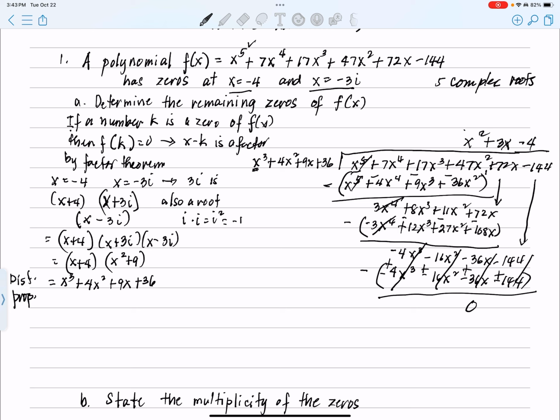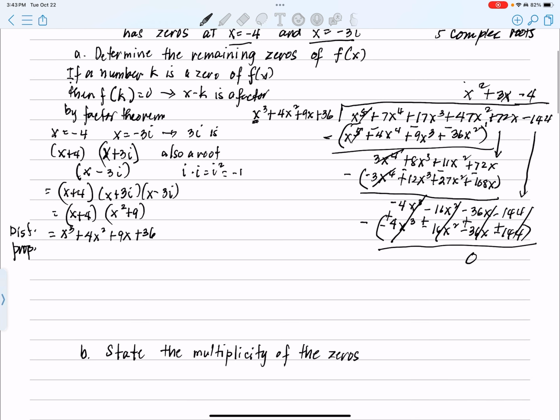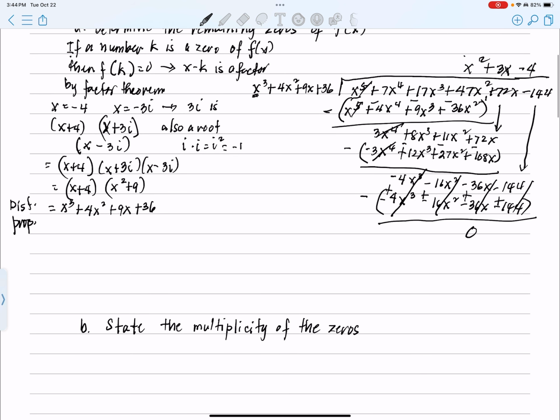So many numbers in division. I hope you remember about it. So what is our result?